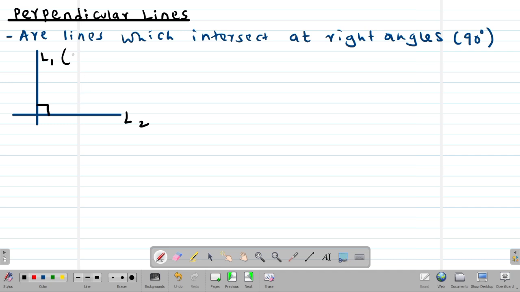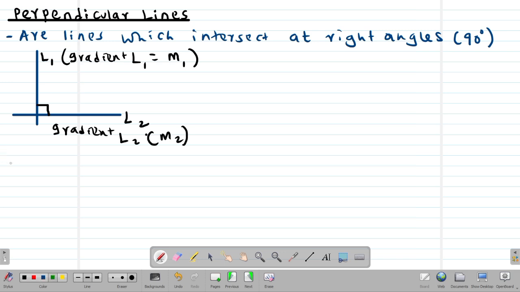Now, suppose the gradient of the first line L1 is M1, and the gradient of the second line L2 is M2. If two or more lines are perpendicular to each other, then the product of their gradients must give us -1.